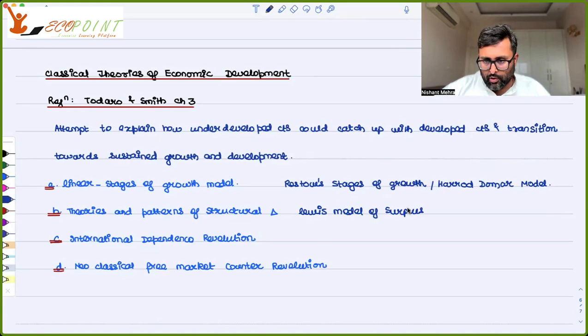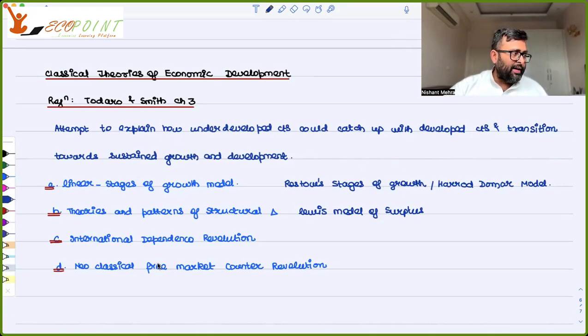I'll be writing about all of these models also. So structural change theories are going to focus on how labor and resources are going to be shifted from the traditional agricultural sector to the modern industrial sector. This is what the second type of theories are going to talk about.